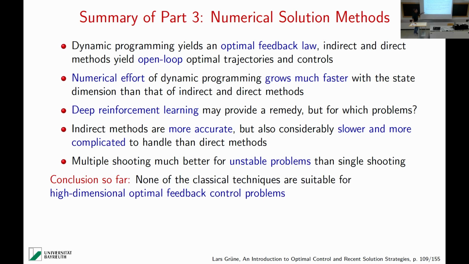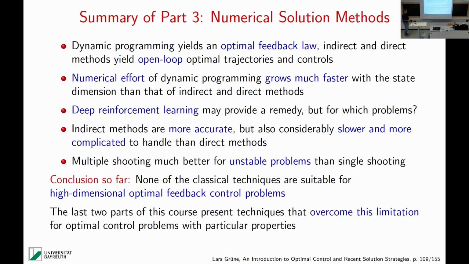And feedback is important because there are always uncertainties, disturbances, model errors, and you need feedback to compensate for that. None of the classical techniques are really suitable for that. Dynamic programming in the classical form is not possible for high-dimensional systems. Indirect methods can be applied to high-dimensional systems, but they don't give you a feedback.